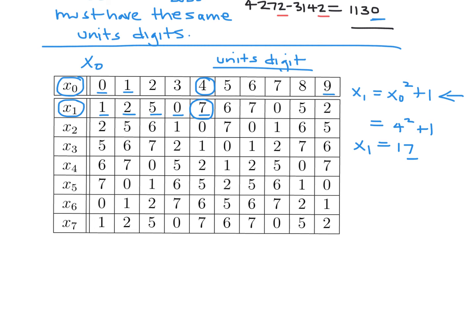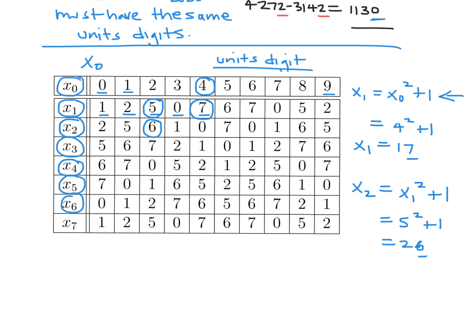You got it? Then you do the same thing for x2. According to the formula of the question, x2 is x1 squared plus 1. Let's say the units digit for x1 is 5. So it'll be 5 squared plus 1, so that's 26, and that's why the units digit for x2 is 6. Got it? Then you just keep doing that for 3, 4, and so on.